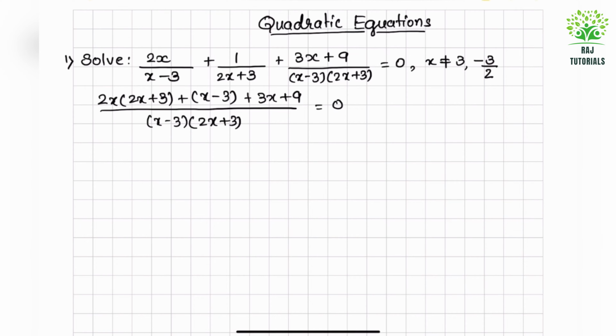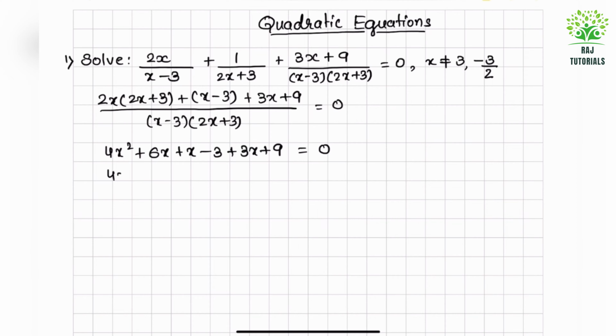Now the denominator I am taking on the other side and numerator I am solving on the LHS side. So I will have 4x square plus 6x plus x minus 3 plus 3x plus 9 equal to 0.